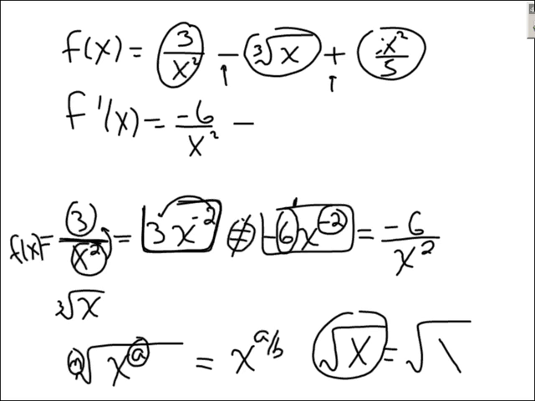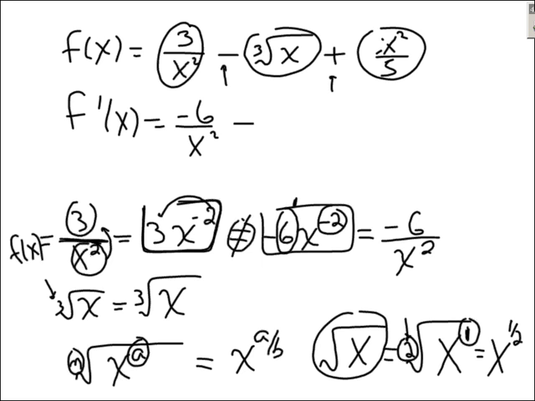If there's no exponent, it's understood to be 1. And if there's no number in front here, it's understood to be 2. So we get x to the 1 over 2. For the cube root of x, we have one of the two numbers we need. If the number under the radical isn't there, it's understood to be 1, and it's a power. So it's x to the 1 over 3.